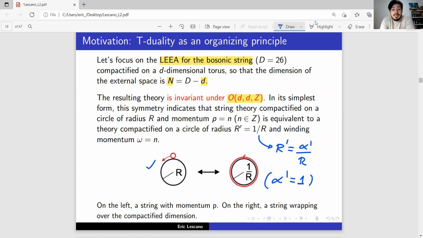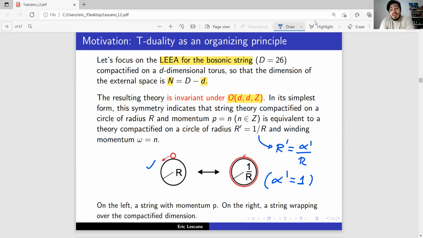But if you change the geometry in this way and you change winding momentum, or took winding momentum omega equal to n, these both scenarios or these both frameworks are completely equivalent. This is the T-duality. This is a symmetry, and the symmetry group behind this duality is O(d,d).